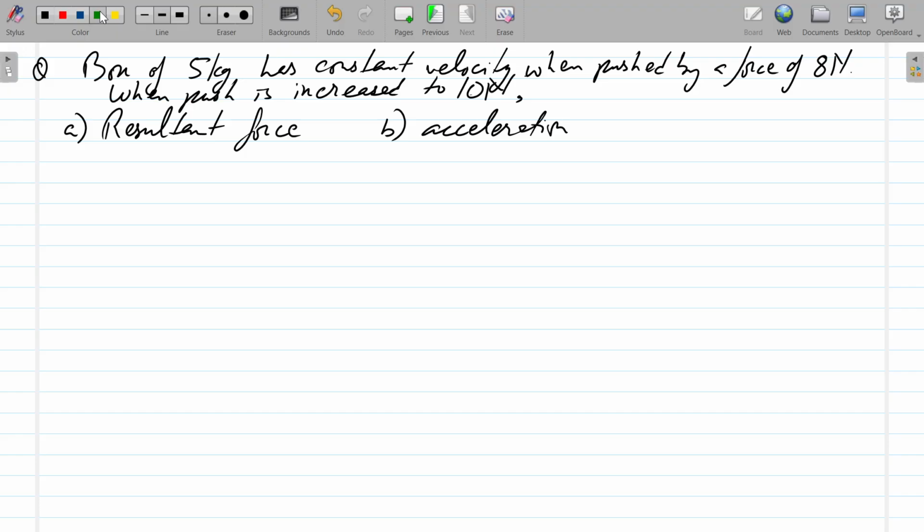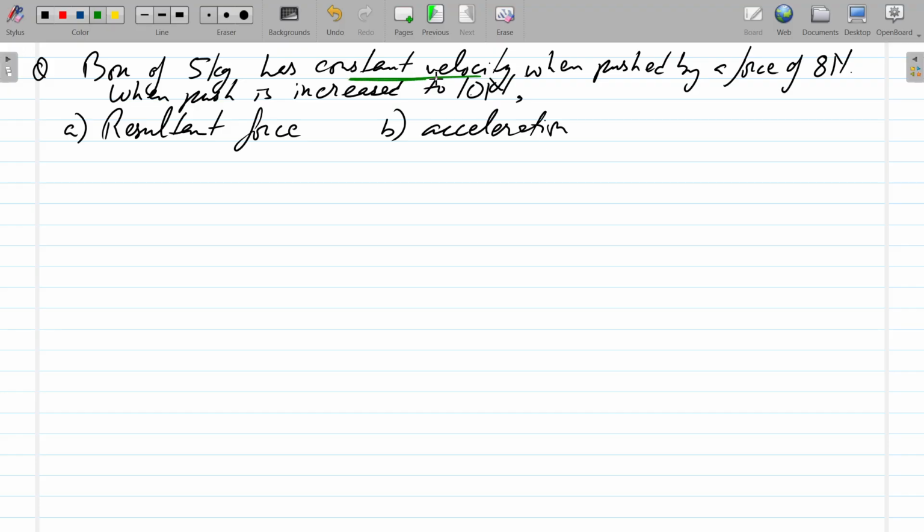Remember, when you're attempting the paper, read any question very carefully because each and every word counts, and you need to pick up on the keywords, the hints, the tips that they give. So what they're saying over here is that the box of 5 kilogram has a constant velocity.